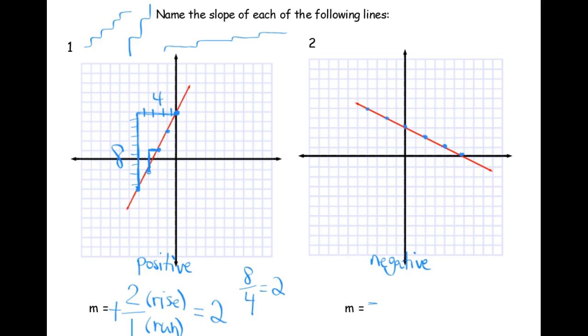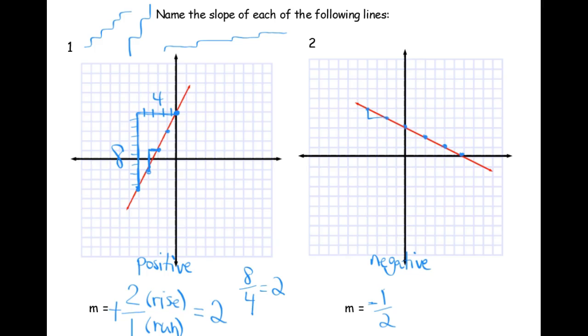Alright, over here to the negative one, we have down 1, right 2 to get from point to point. Now, that action of moving down is what made it negative. So I just want to double check that I put negative. We went down 1, right 2.